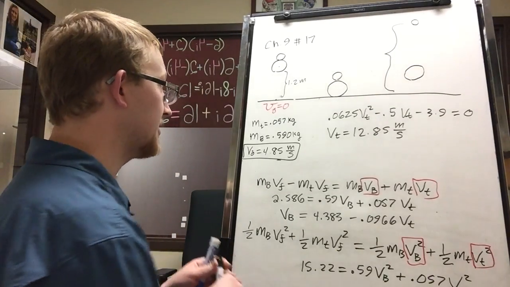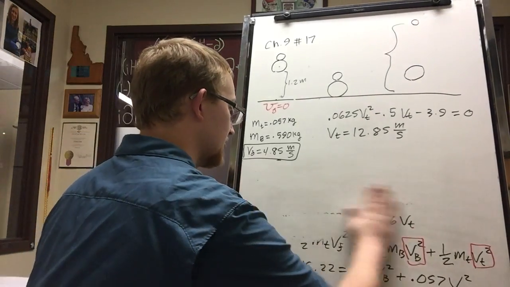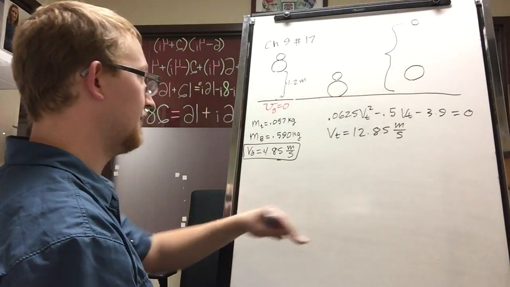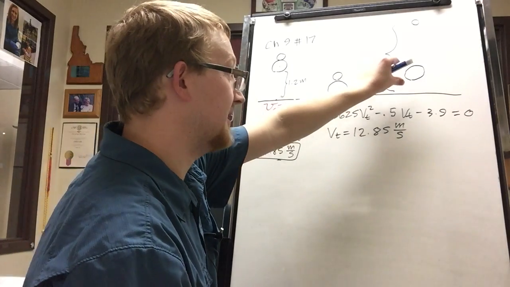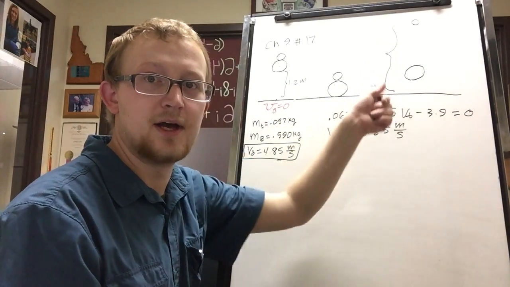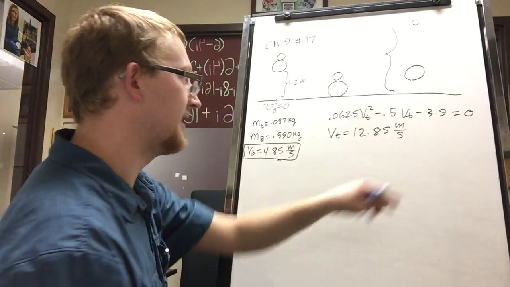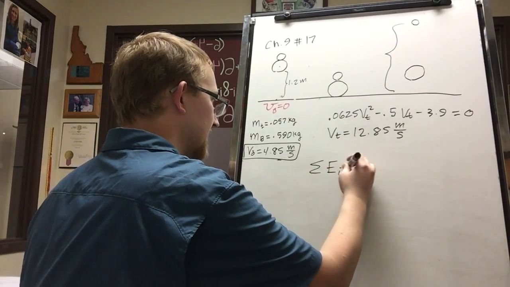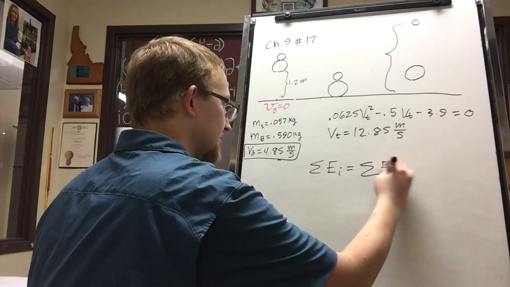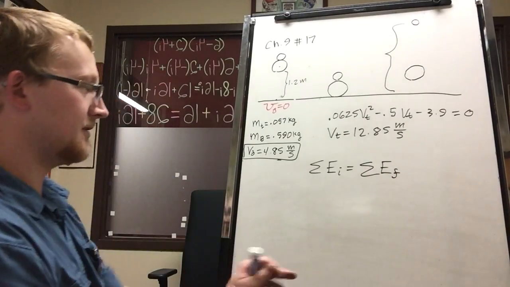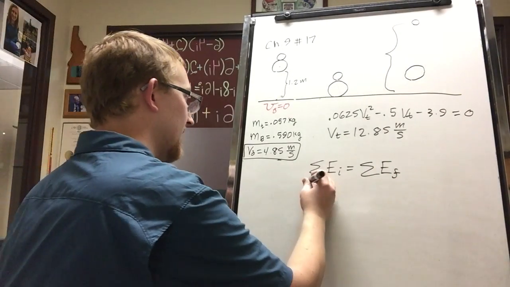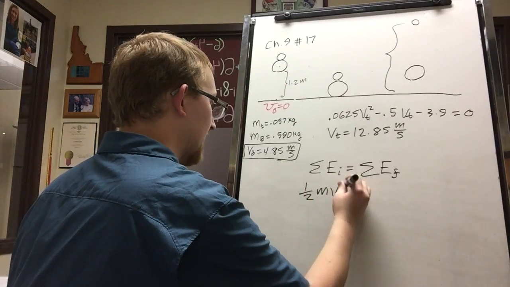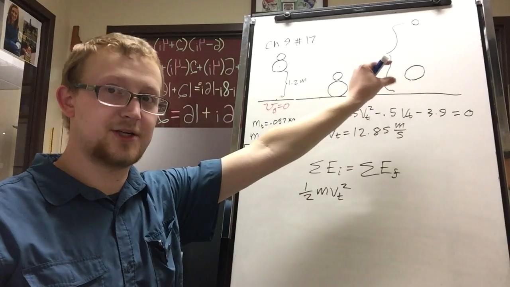So now we pretty much know all that we need to answer the question about how high the tennis ball goes. So we know that when the tennis ball starts out, it's on the ground, but going upwards at 12.85 meters per second. We'll go ahead and use conservation of energy again. Sum of energies initial equals sum of energies final. So initially all we have is the 1/2 m vt squared, because we know that we're pretty much at ground level.